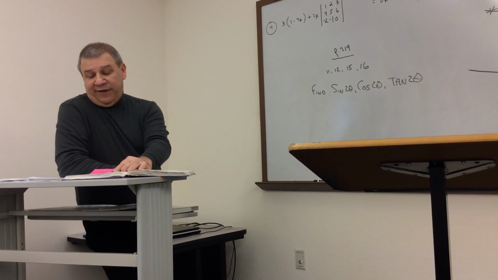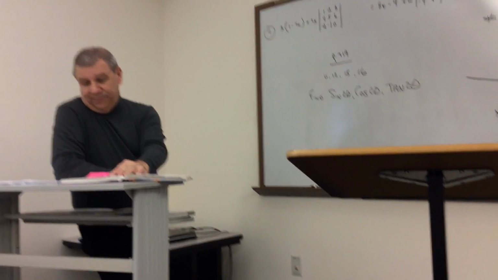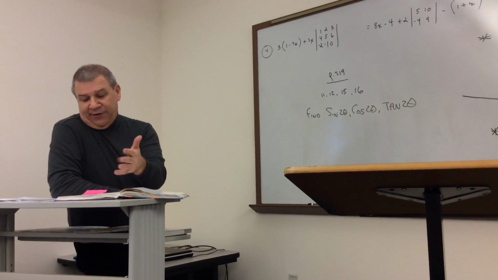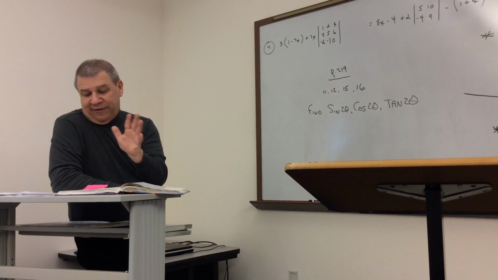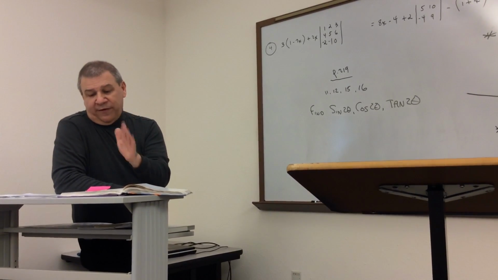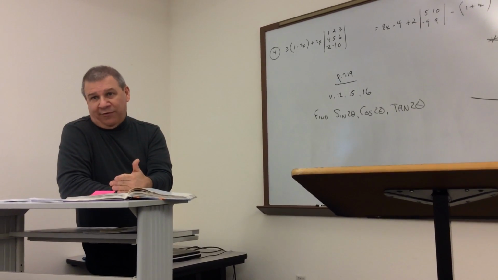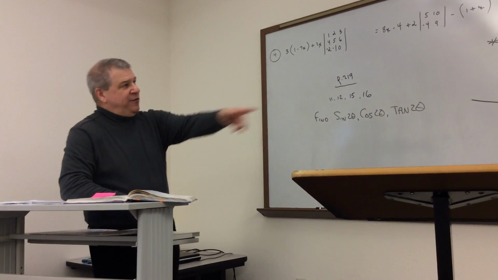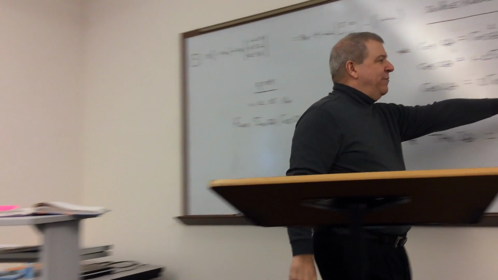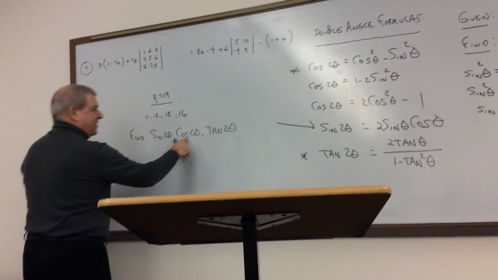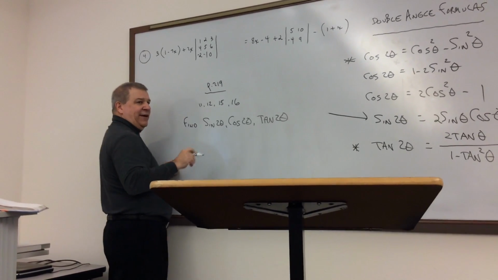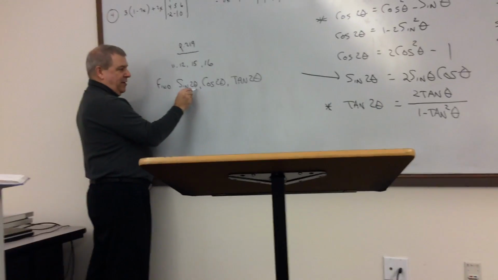Now just glance at them. Aren't they just like the one I just did? I mean, look at it. They're giving you a sine or a cosine, and then they're telling you if something's greater or less than 0. So the first thing you got to do on these four is mark down the quadrant you're in, and then just use 1 minus sine squared or 1 minus cosine squared, and then find this, this, and this. Now, one little side note, and then you're going to start doing this.